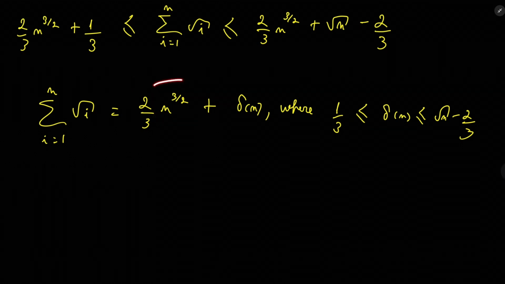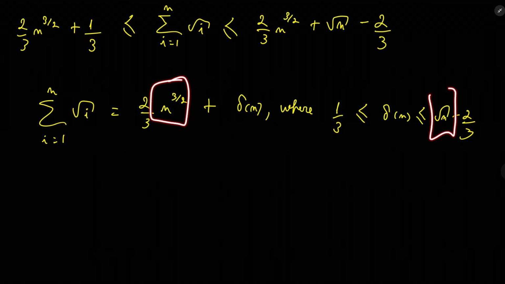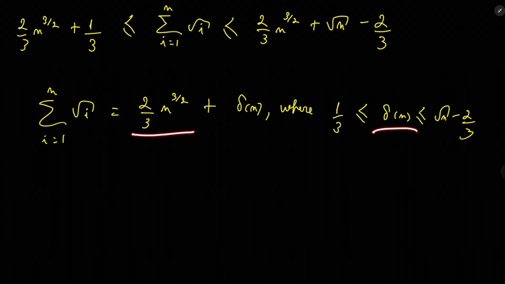And the thing is, n to the 3/2 grows faster than square root of n, which means that as n grows, our answer grows faster than the error. So for very large n's, the error becomes negligible and our sum, or the approximation of our sum, becomes extremely accurate.